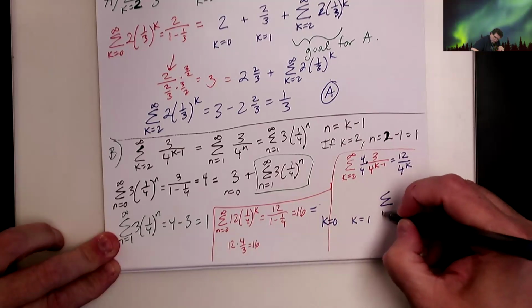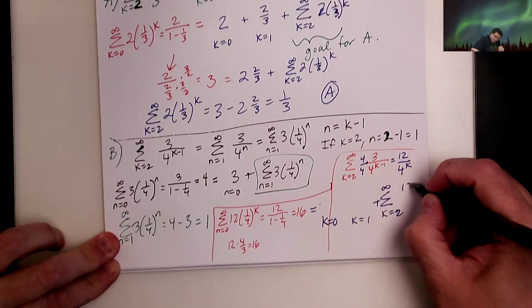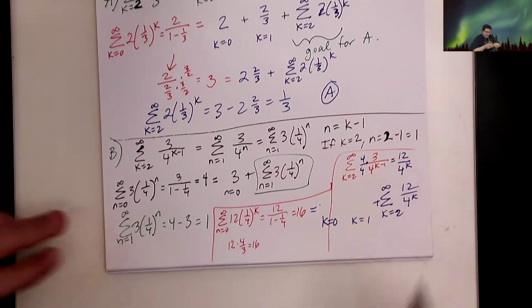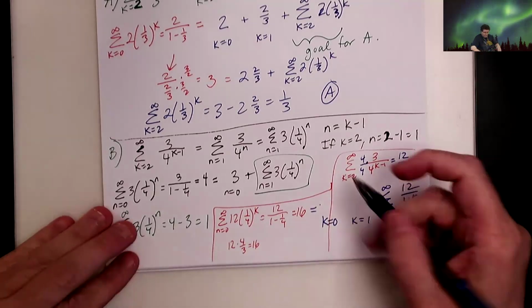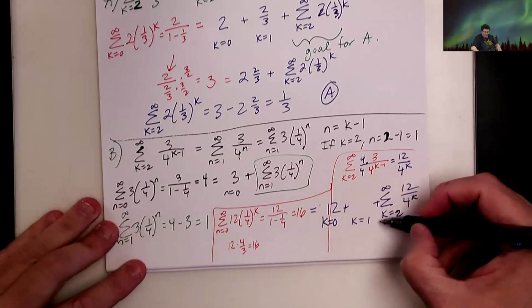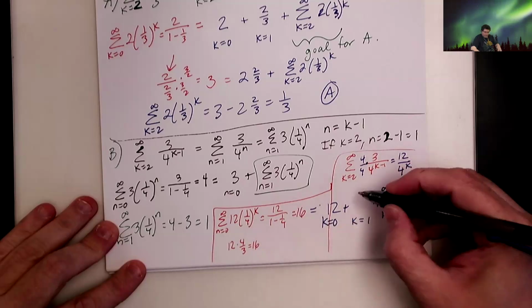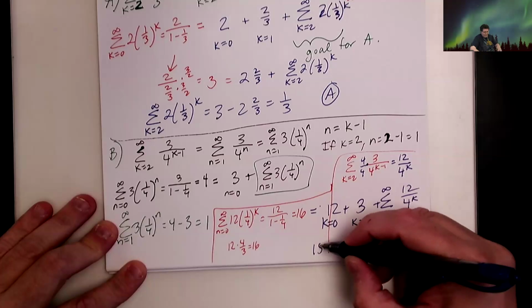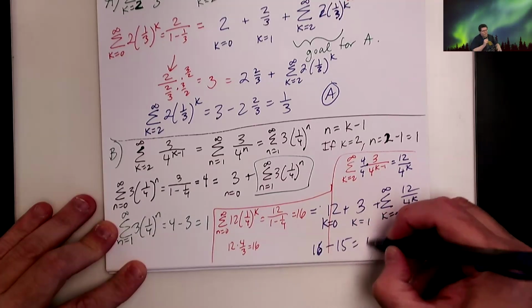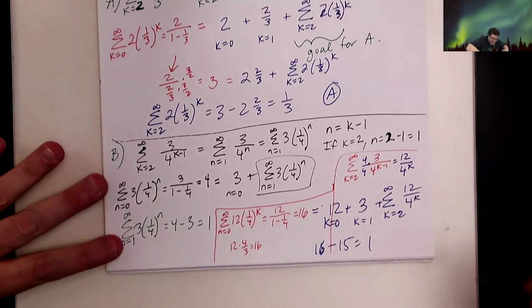And then we'll have the k equals 2 to infinity, 12 over 4 to the k. K equals 0 is 12. And k equals 1 is 3. So 16 minus 15 still equals 1. So we would have gotten that value equals 1 either way. That was the value for B.